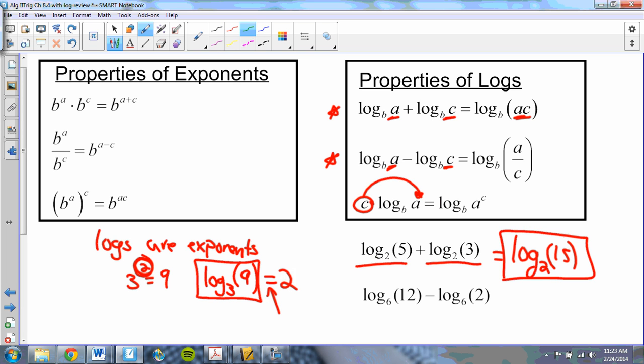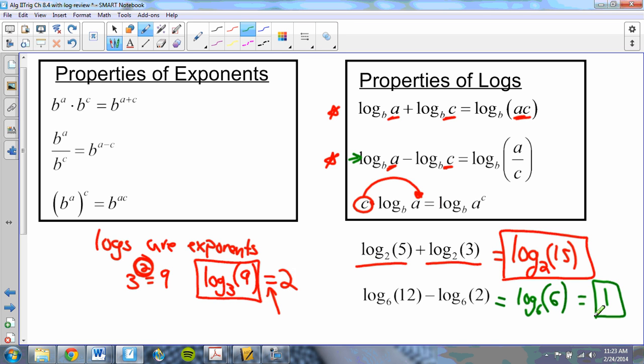Well, subtraction, by this property here, turns into division. So I'm going to do 12 over 2, so it becomes log base 6 of 6. And that can actually simplify further. Log base 6 of 6 is 1, because 6 to the first power is 6. We can't do log base 2 of 15 yet. We'll be able to eventually.